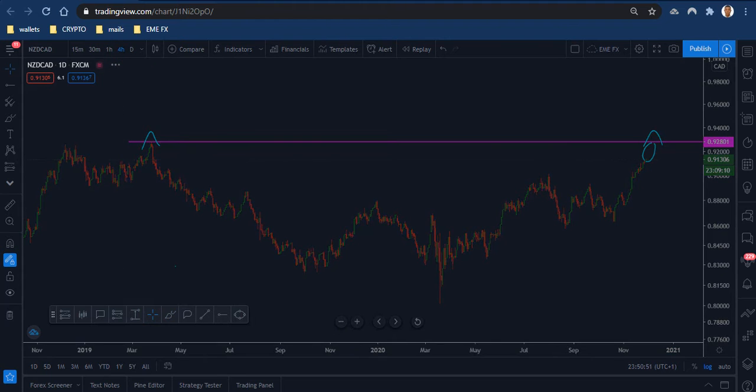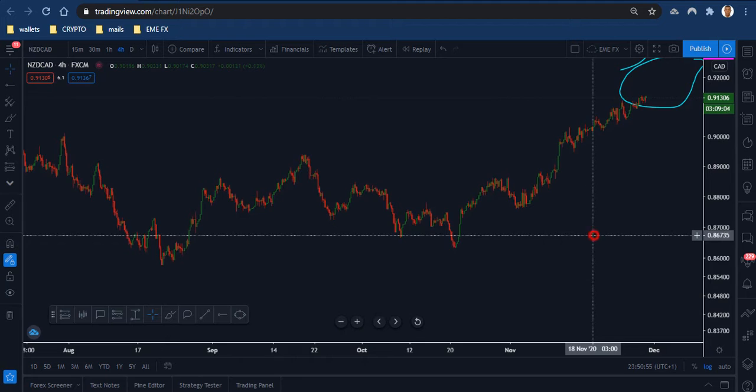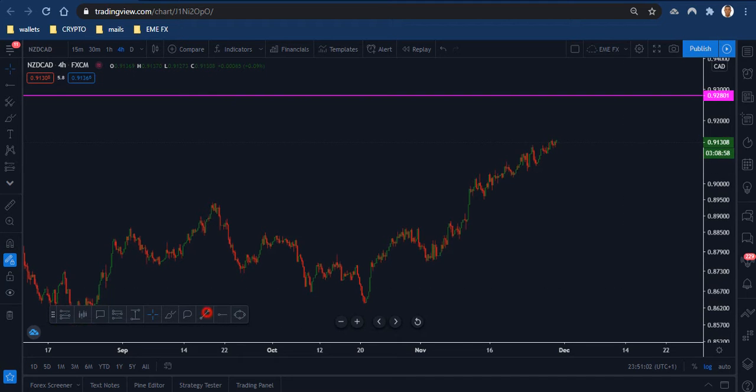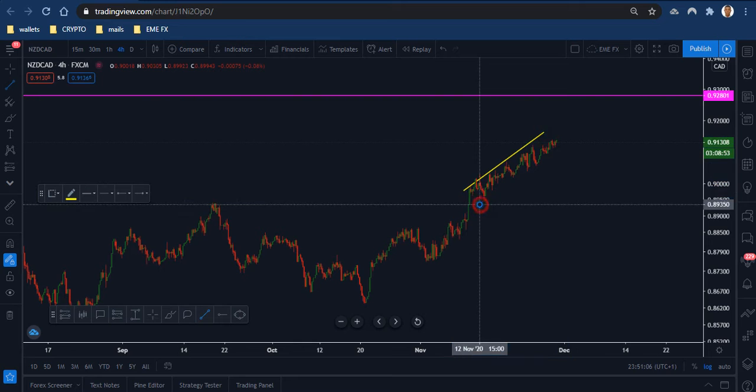Let's drop down to the 4-hour time frame to have a better look. So here on the 4-hour, you see we are having this corrective nature of price.